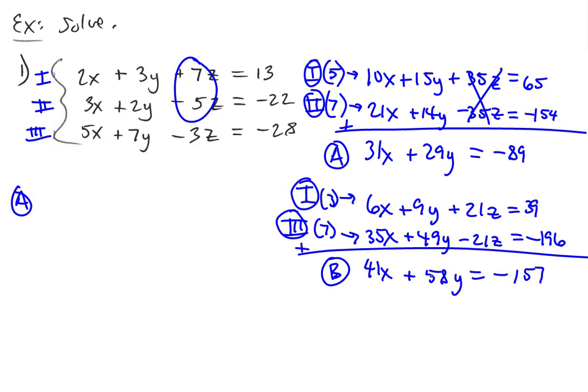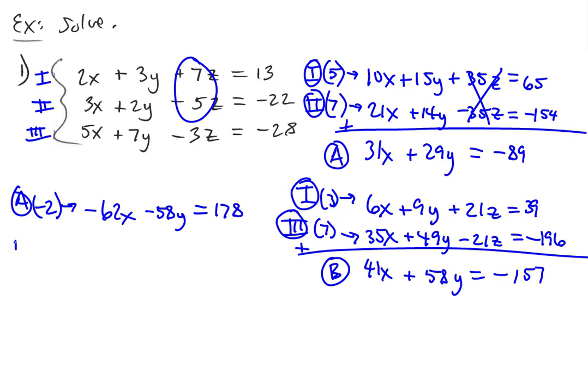I'm going to eliminate the y's, and to do so, I could just turn this y coefficient in equation A into a negative 58, which is actually just multiplying by negative 2. So I'm going to take equation A, multiply by negative 2. That will result in negative 62x minus 58y equals a positive 178.